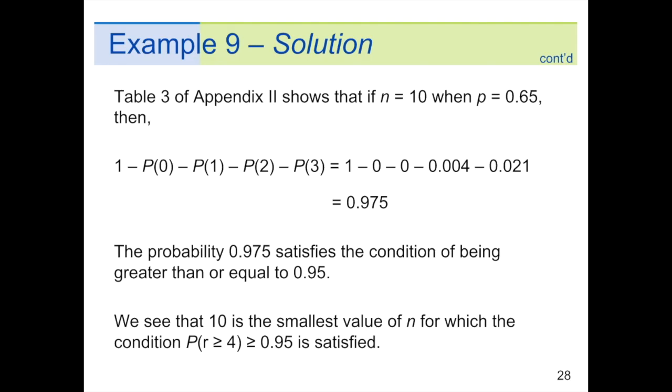The probability 0.975 satisfies the condition of being greater than or equal to 0.95. We see that 10 is the smallest value of n for which the condition P of R greater than or equal to 4 is greater than or equal to 0.95 is satisfied.